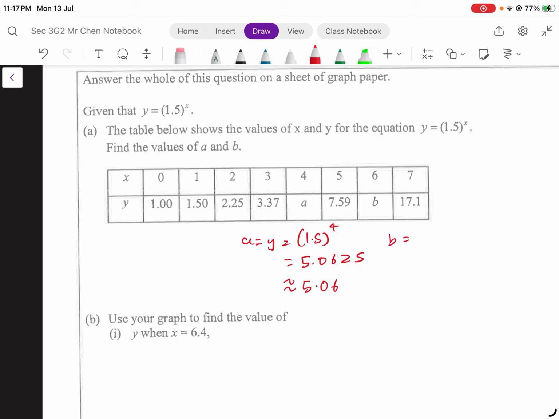And you get b, which is 1.5 to the power of 6, 11.39.